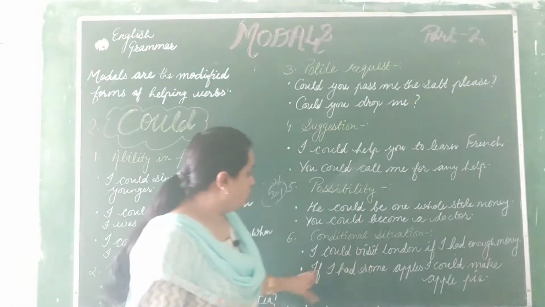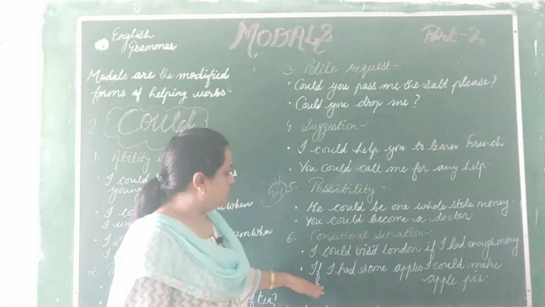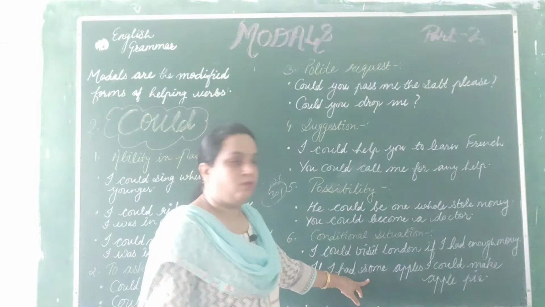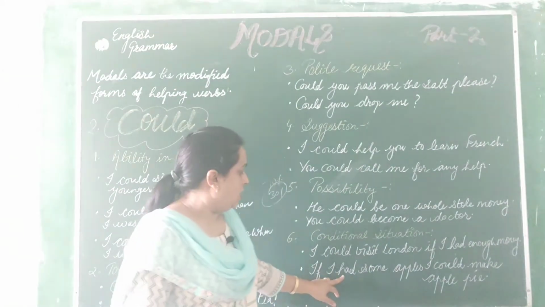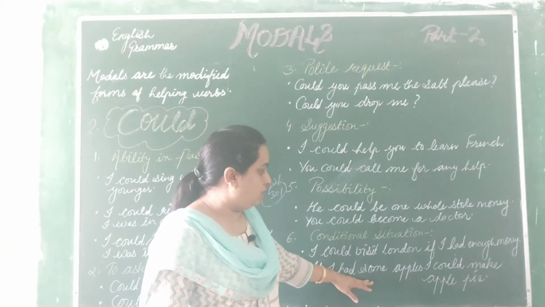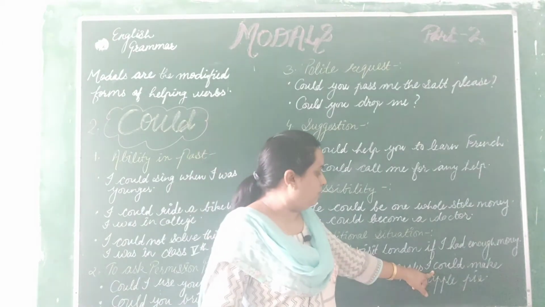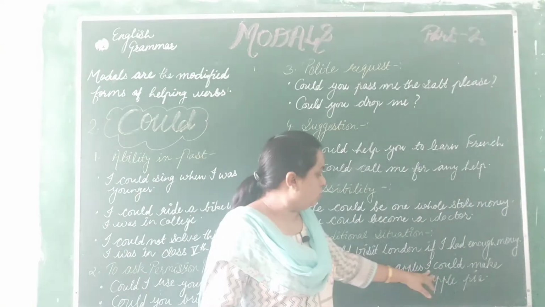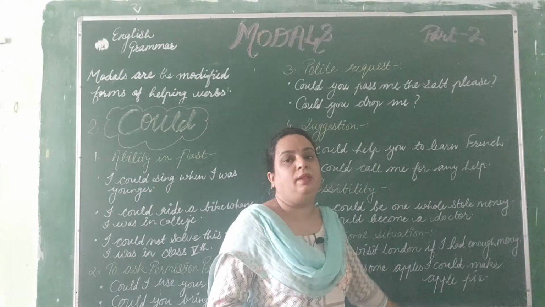So in this situation also, in one part of the sentence, if I had, right? See the structure here. Had we are using here, and in the second part of the sentence, in the second clause, we are using I could make apple pie.